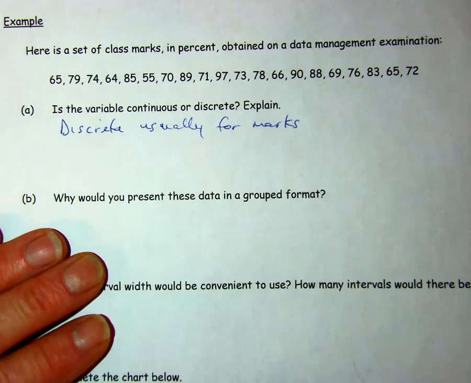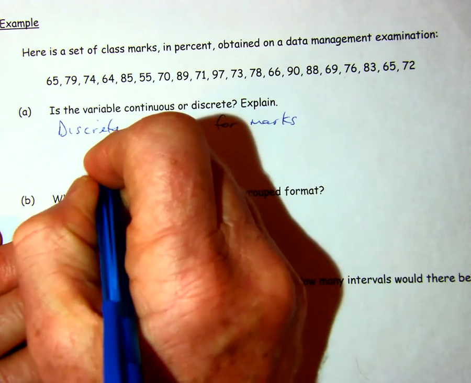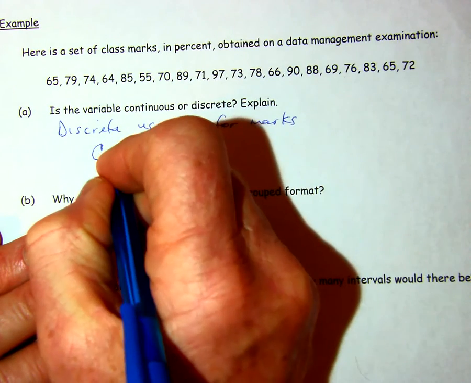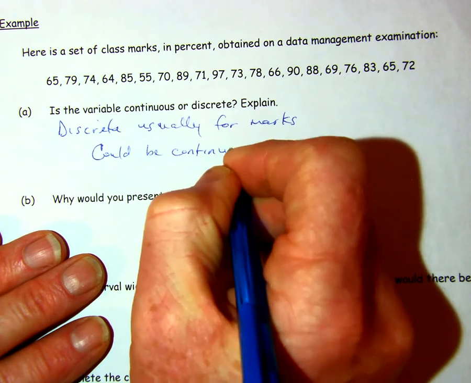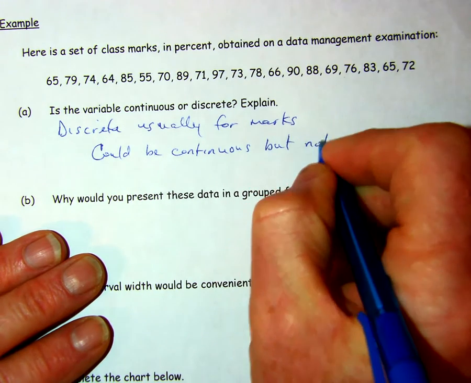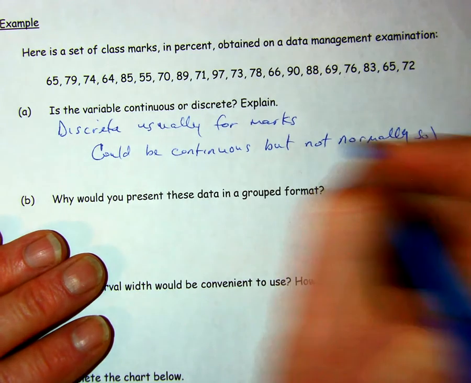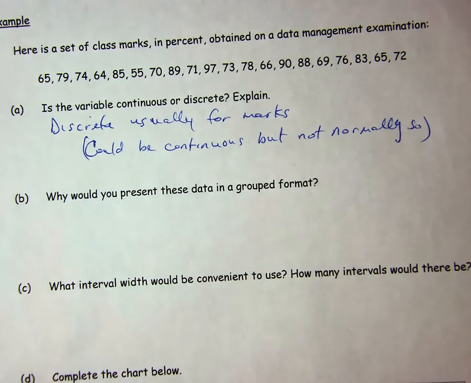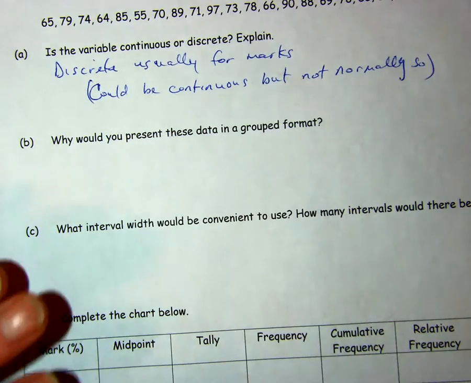Marks could be continuous, but not normally so. Yeah, it's pretty much discrete.